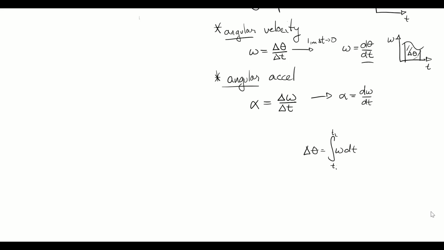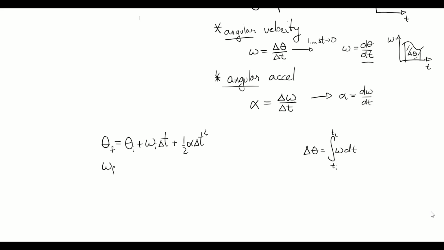I'm not going to go through all those derivations right now. They're in the book and they exactly mirror what we did for the linear velocity stuff. We end up with the analogous kinematic equations for angular position and angular description of motion, where the final angular position is equal to the initial angular position plus the initial angular velocity times delta t plus 1/2 the angular acceleration times delta t squared.